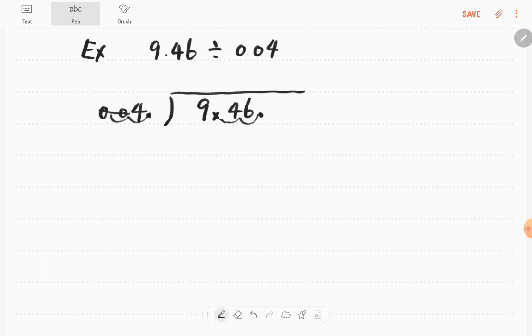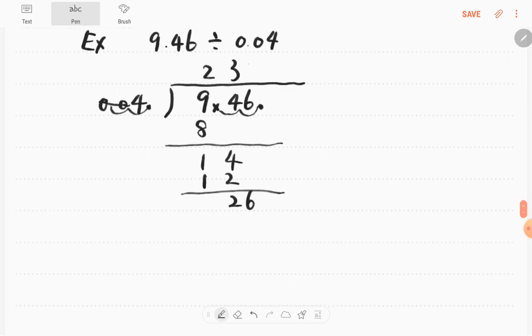After that, we just do the long division. The same thing as the whole number, right? So it will be 8, 14, 33. So make sure our new decimal point is this position. So we should add the decimal point in our answer. And it's 20, sorry.